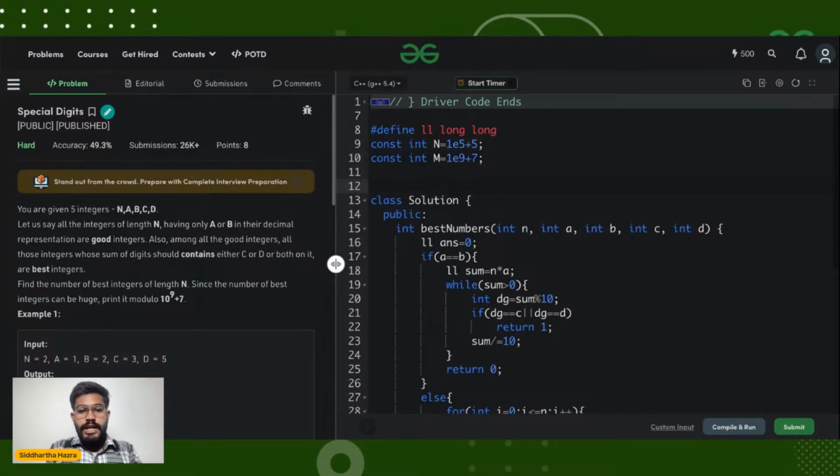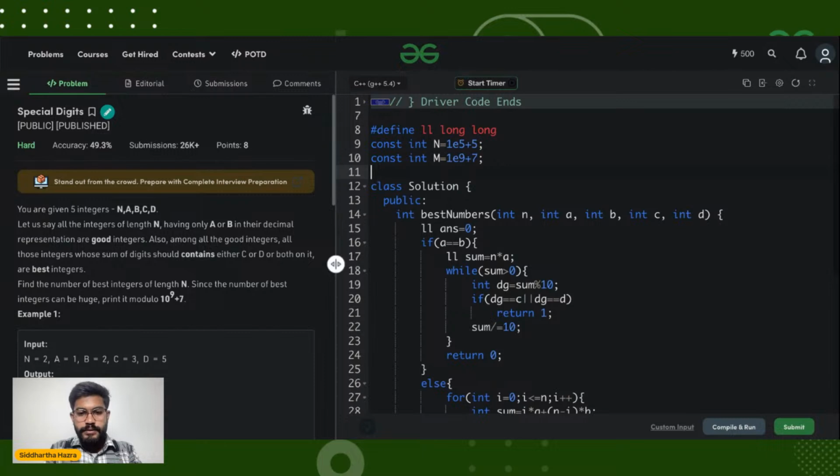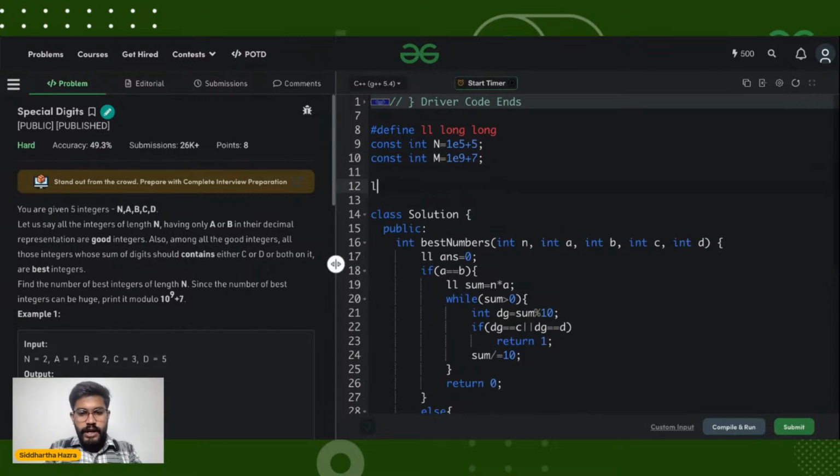So we would say bin pow would return me a long. And we would say long bin pow. It would accept the parameters a to the power b modulo m.